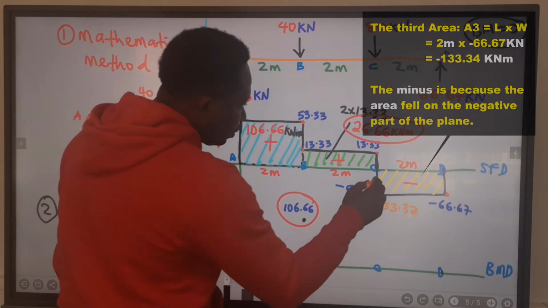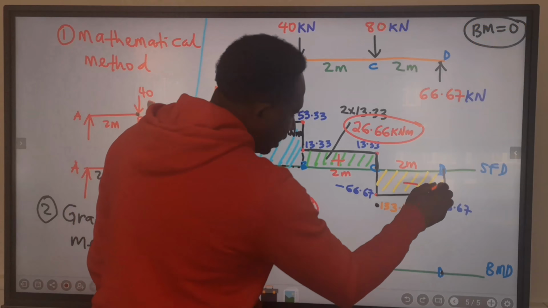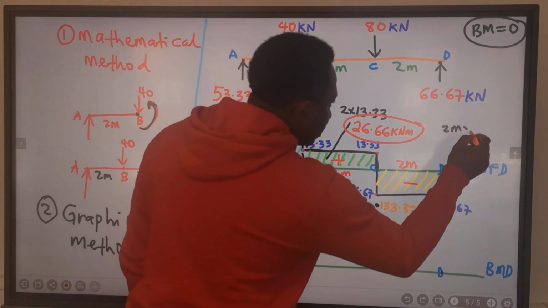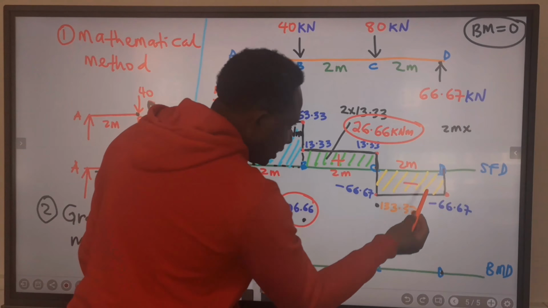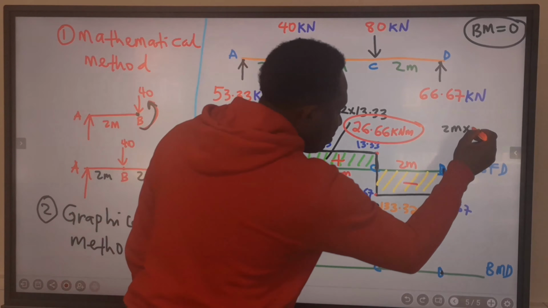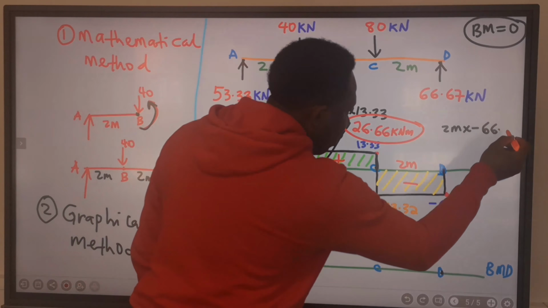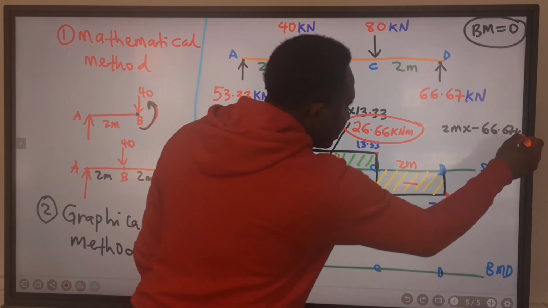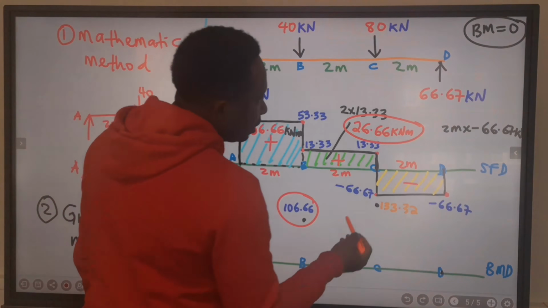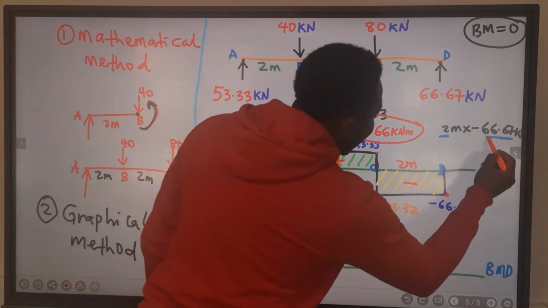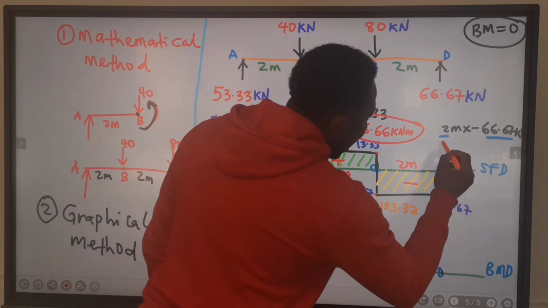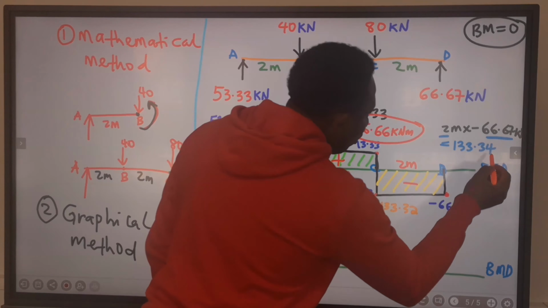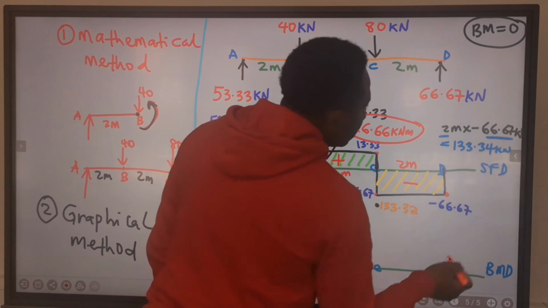Next, we're going to find the value of this area. This area is 2 meters, and this length is a negative, minus 66.67. Remember, this is kilonewton. If you multiply these two, you're going to have 133.34 kilonewton meters.